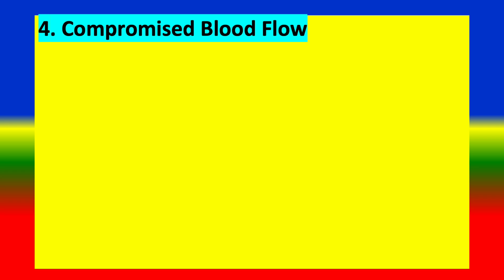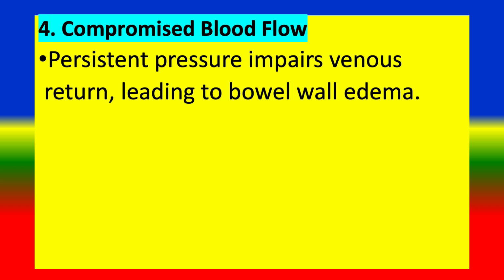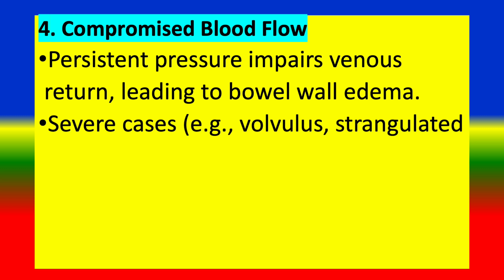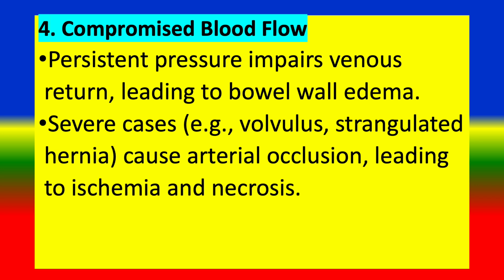Compromised blood flow. Persistent pressure impairs venous return, leading to bowel wall edema. In severe cases, for example volvulus or strangulated hernia, cause arterial occlusion leading to ischemia and necrosis.